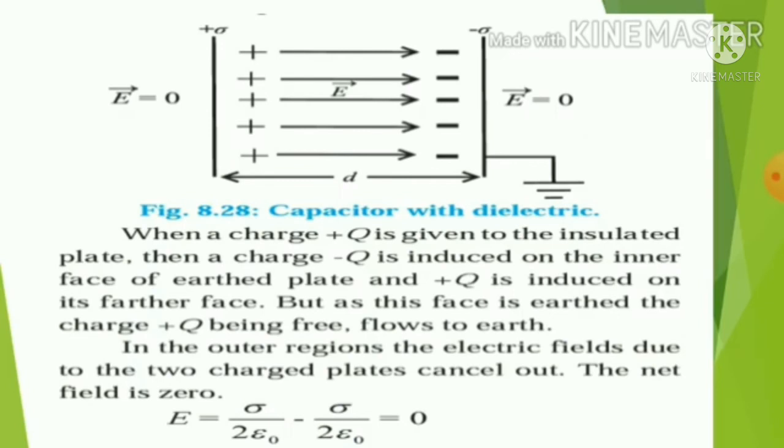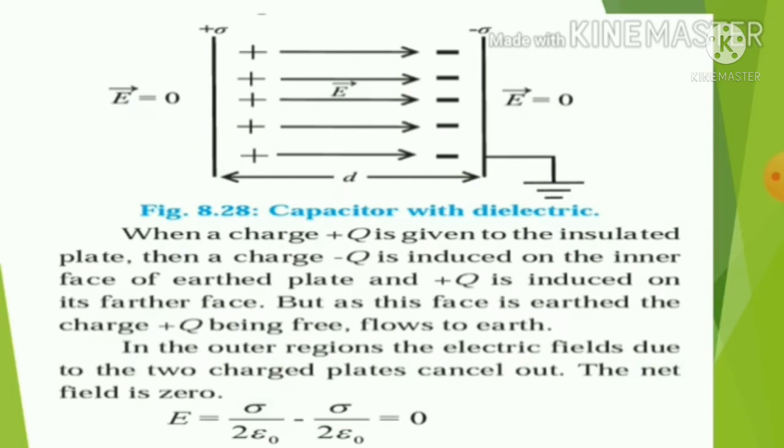When a charge plus Q is given to the insulated plate, a charge minus Q is induced on the inner face of the earthed plate, and plus Q is induced on its outer face.